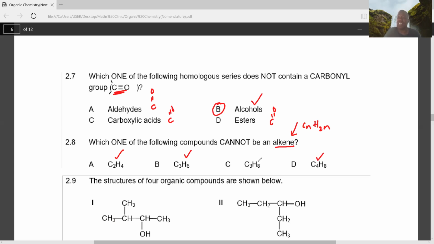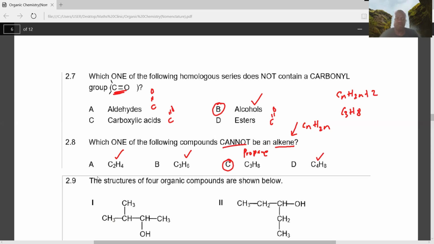This is an alkane because it's CnH2n+2. If we put 3 here, 3 times 2 is 6, plus 2 is 8. So this is propane. And what is the question? It says, which of the following cannot be? So the answer is C. So you need to know the general formulas, ladies and gentlemen.